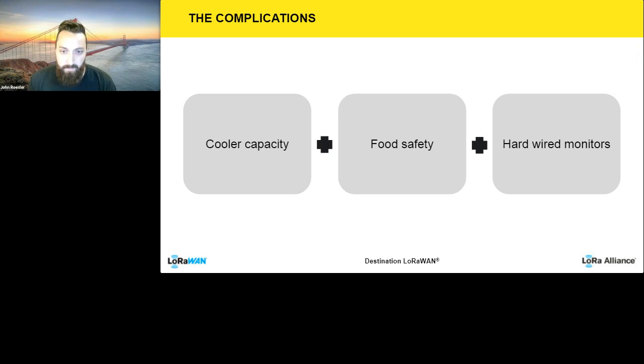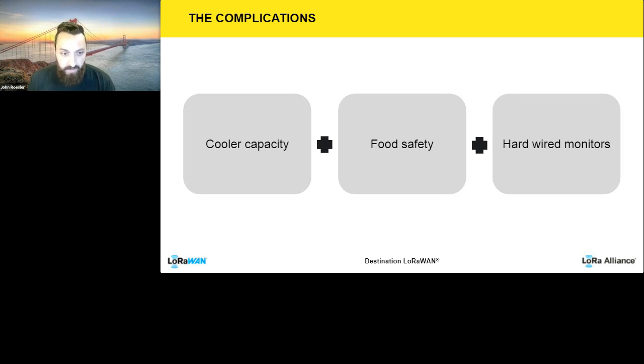So in the middle here of my slide, I call it food safety. A big thing initially is that in order to have food for sale for guests, there are various regulations that come into play. The temperature has to be monitored regularly. I have to be able to assert that the food stayed within safe bounds.